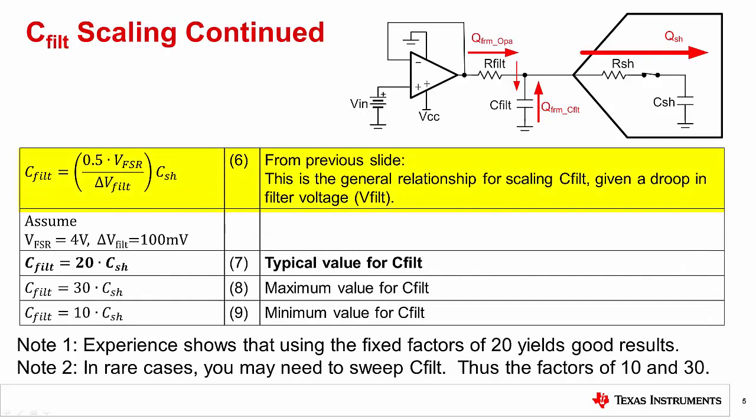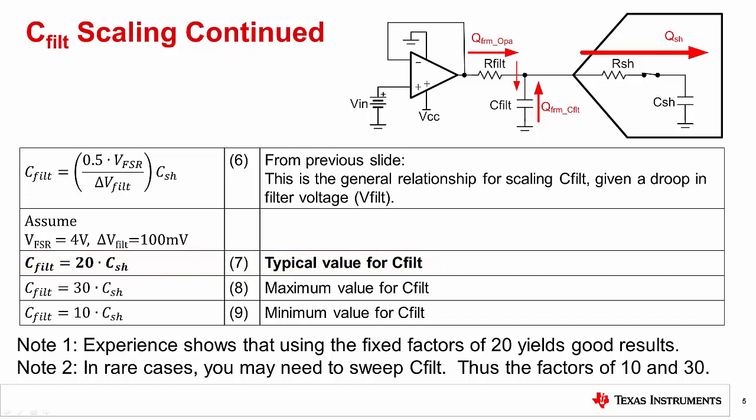Here again, we repeat the general equation relating C-FILT to CSH. Now we make some assumptions for a typical ADC system. That is, the full-scale range is 4 volts, and the droop on the external filter capacitor is 100 millivolts. Substituting these conditions, we get the relationship that C-FILT is 20 times the internal sample and hold capacitor.